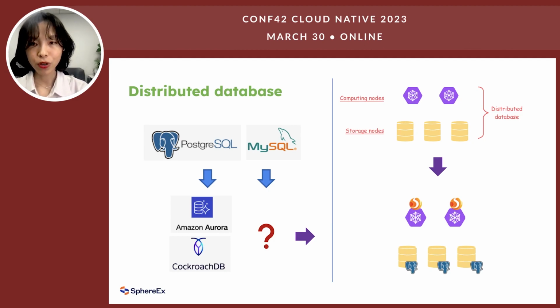So if we want to create this distributed system, then we need the global computing nodes, right? So who can become the computing nodes? Later on, I will introduce Apache ShardingSphere. It can work as the computing nodes. So use Apache ShardingSphere plus your existing favorite MySQL, PostgreSQL, or Oracle, and you can have the distributed one.